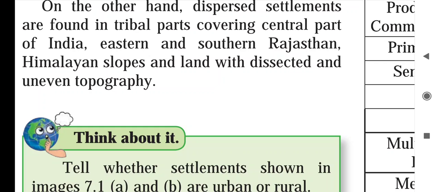A plateau region, how is it? It is a plain area where you can establish your houses, your colonies, and you can build industries also. But in places like desert region, forest region, hilly region, you will not find even topography, that is uneven topography. So in this uneven topography we find dispersed settlement.